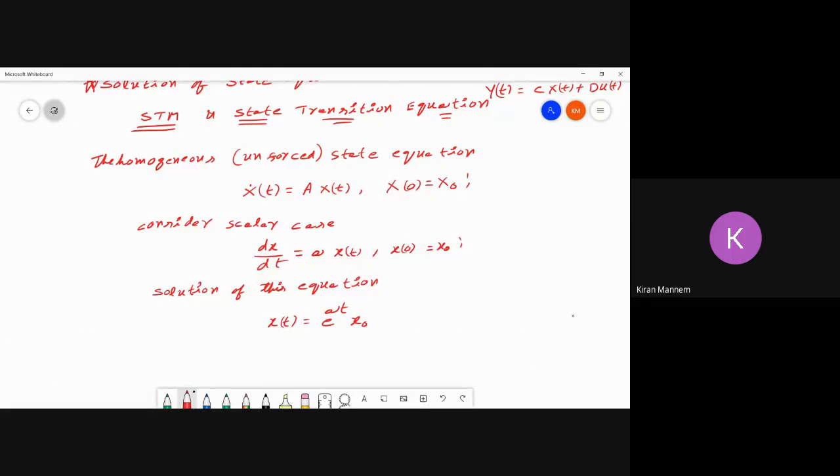So this can be written as 1 plus a t plus a square t square by 2 factorial plus a cube t cube by 3 factorial plus so on, into x naught. So this is the solution for the scalar case.